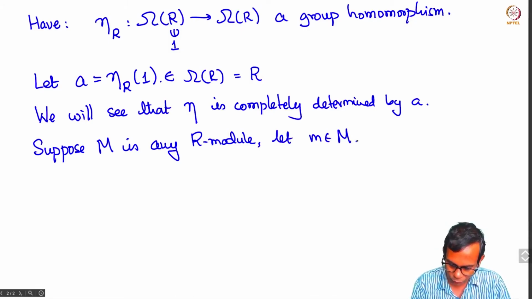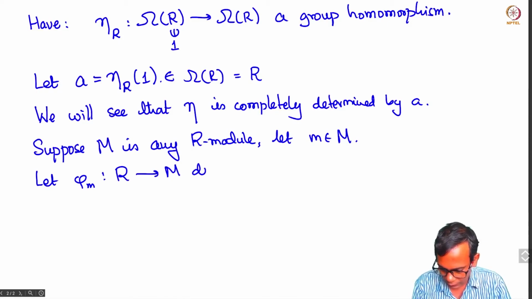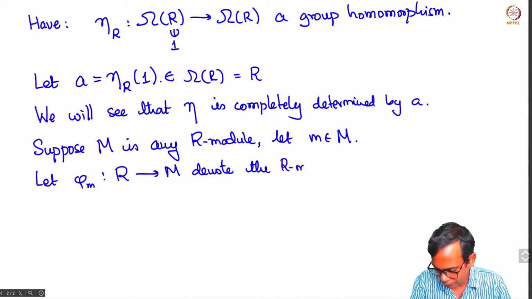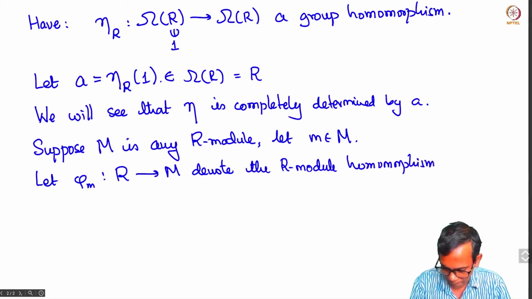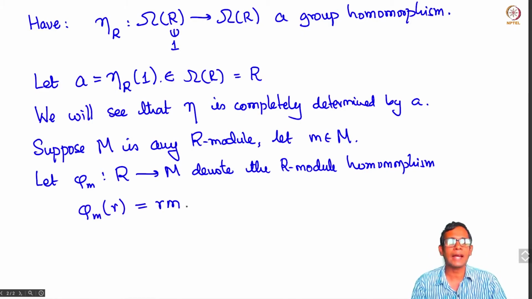For this, let phi subscript M from R to M denote the R module homomorphism which takes r to r times m. You can check that this is actually an R module homomorphism.